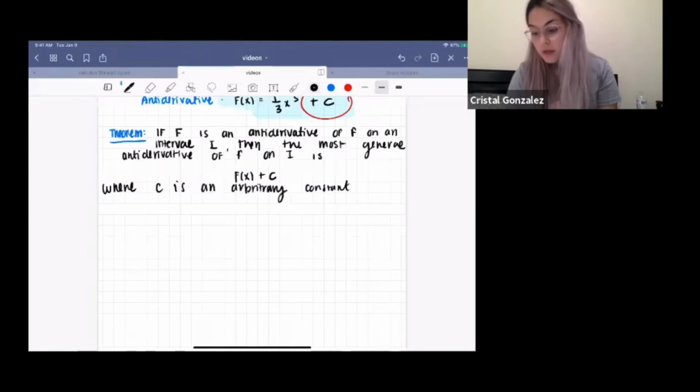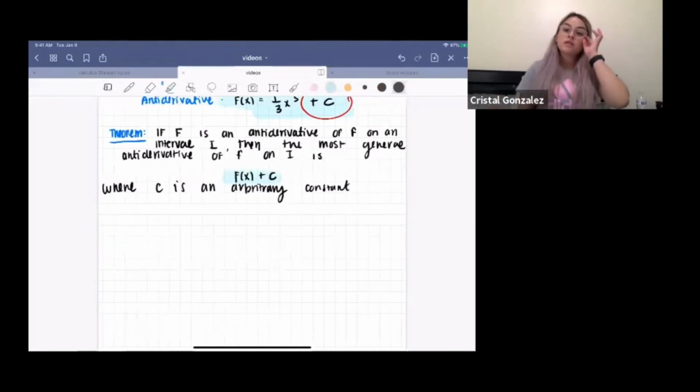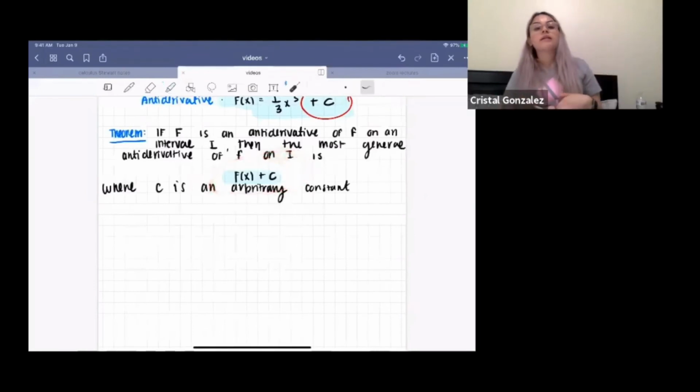So this is just putting what we did in the example into words, into a theorem. And so this is just saying that this is always going to be the most general form of your antiderivative.